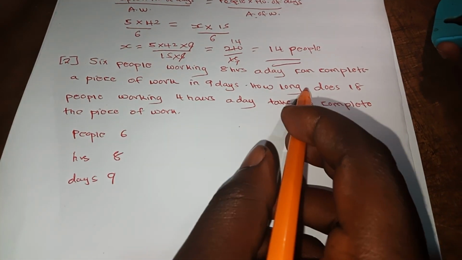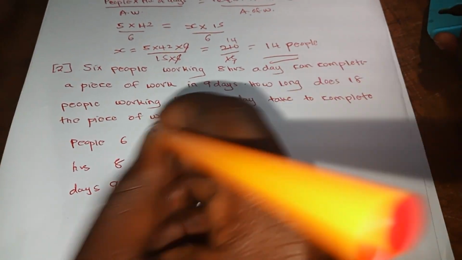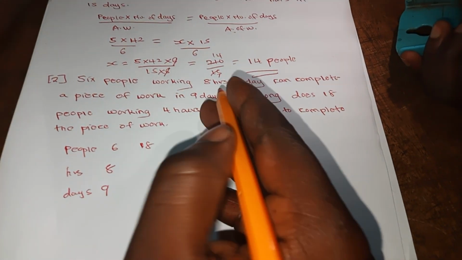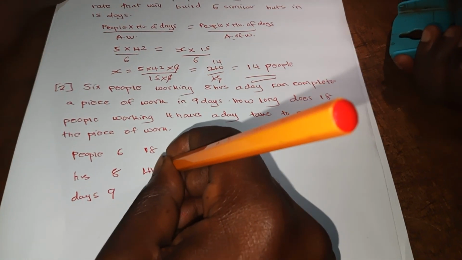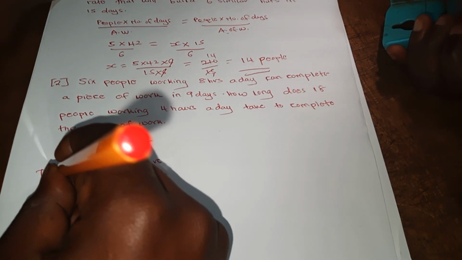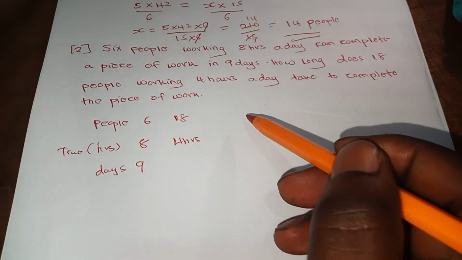You go to the second statement. How long does 18 people working 4 hours take? So hours, it's 4 hours. So this one is time. This one is same as time.